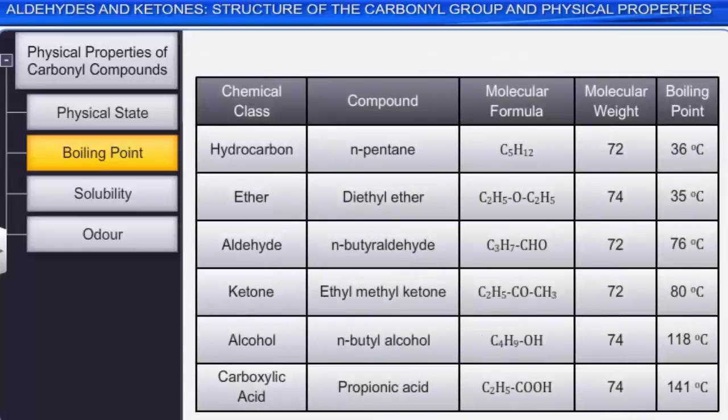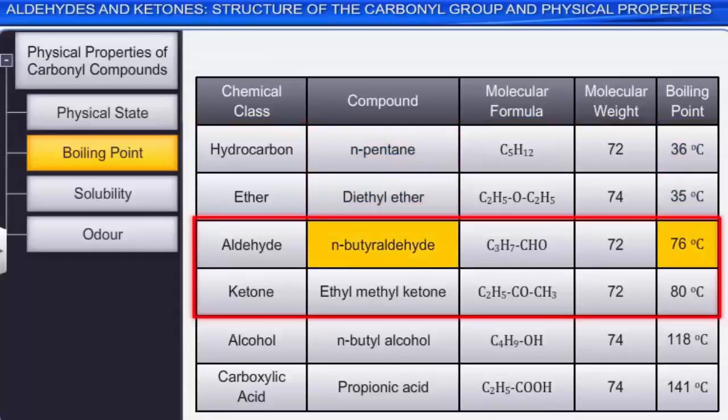Observe this table about compounds of almost similar molecular weights, 72 to 74. We see that non-polar hydrocarbons, like n-pentane, and weakly polar diethyl ether have lower boiling points than that of polar n-butyraldehyde and ethyl methyl ketone.